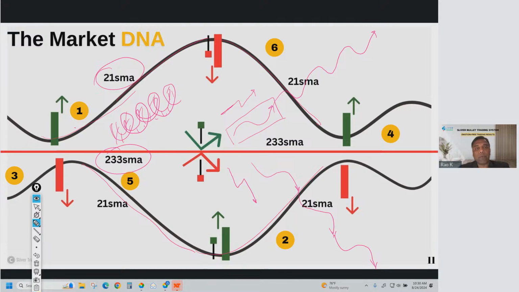My goal is not to teach you what Fibonacci numbers are, but 21 and 233 are numbers from the Fibonacci series. We put those numbers on the chart, and we see that price goes away from the 233 SMA and comes back to the 233 SMA. So again, it follows nature's numbers.